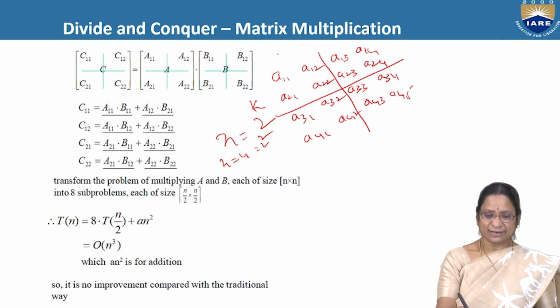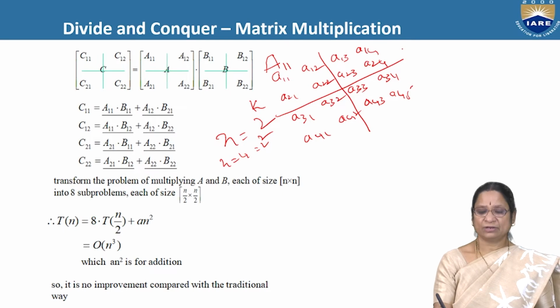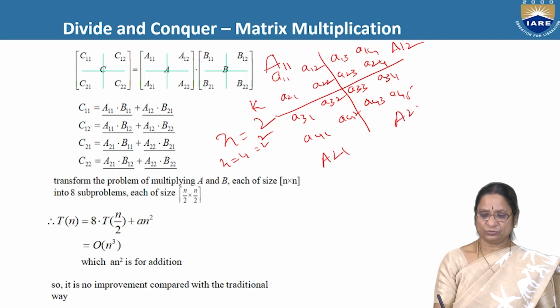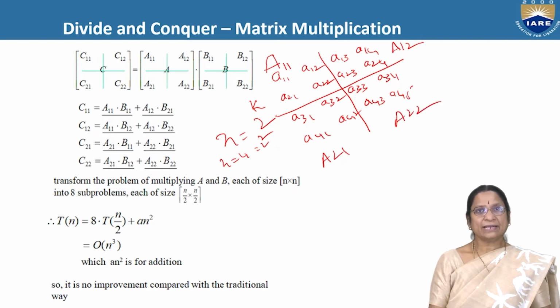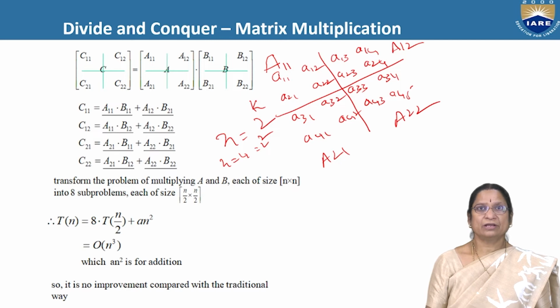Each submatrix can be considered further, let us assume, with elements we will represent as A11, this is A12, this is A21, this is A22. So like that we can represent. Then what happens?